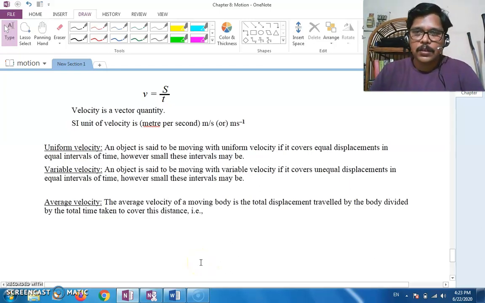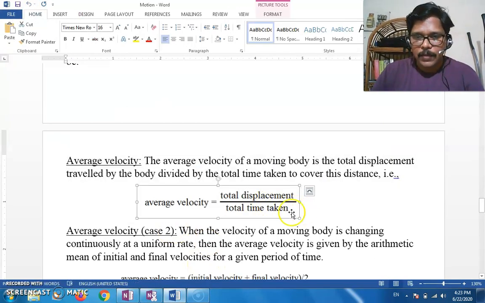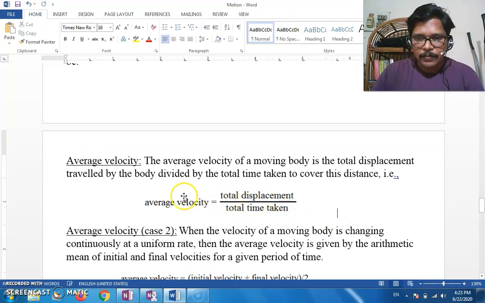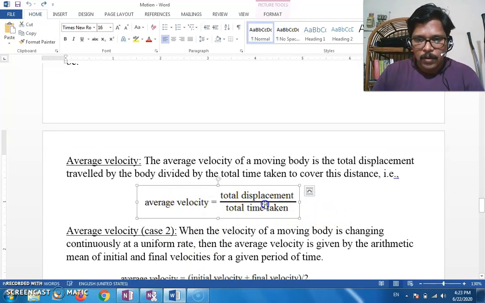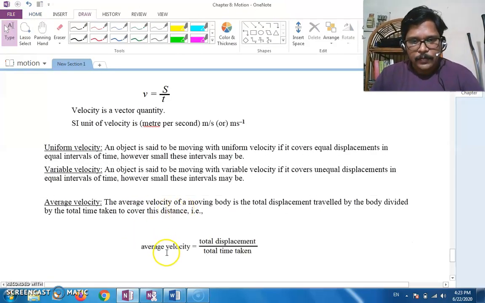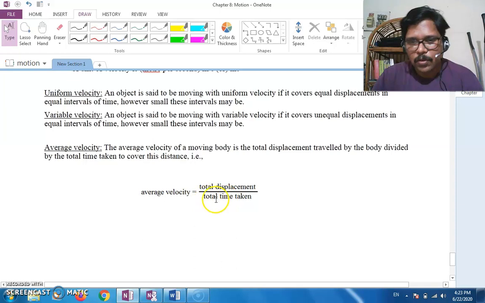Similarly, average velocity is total displacement by total time taken. This is the formula for average velocity.